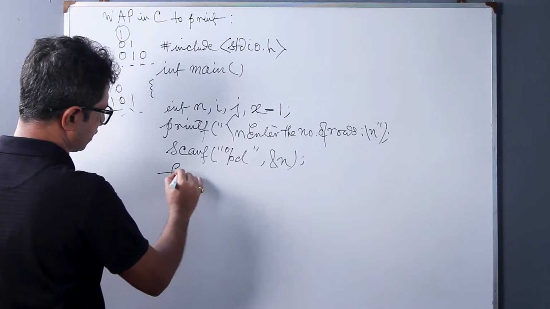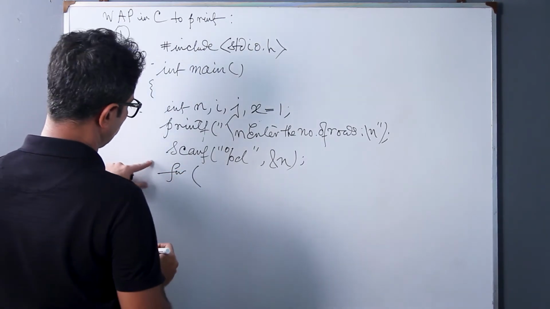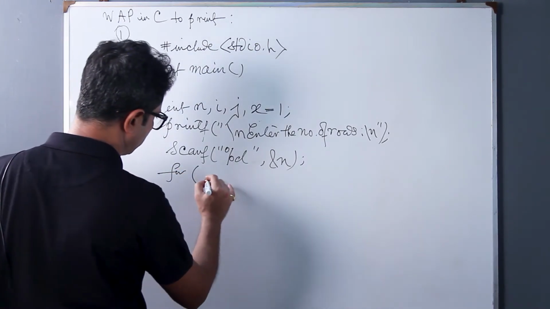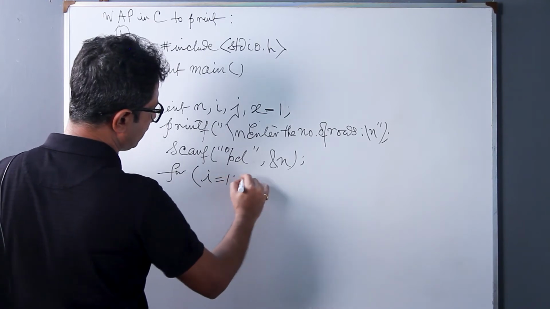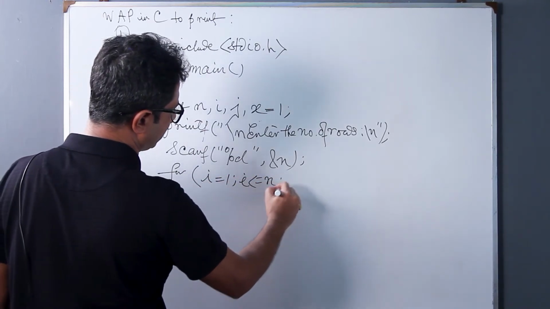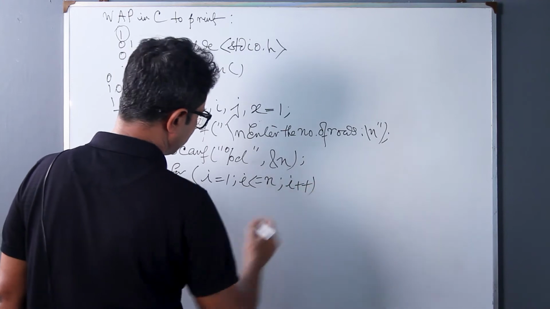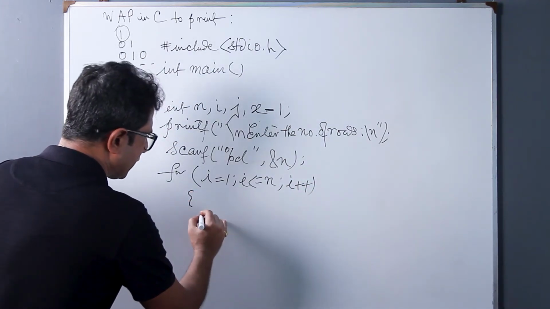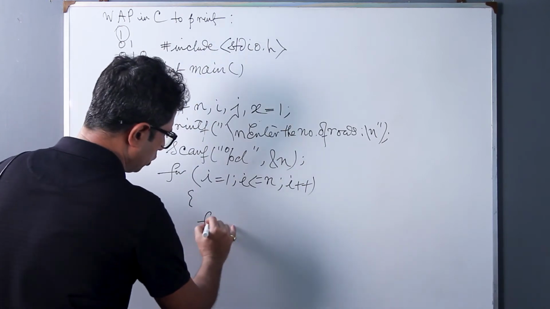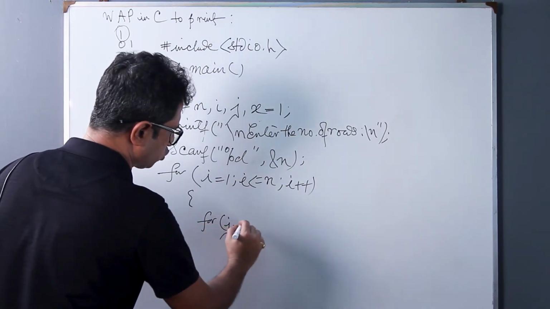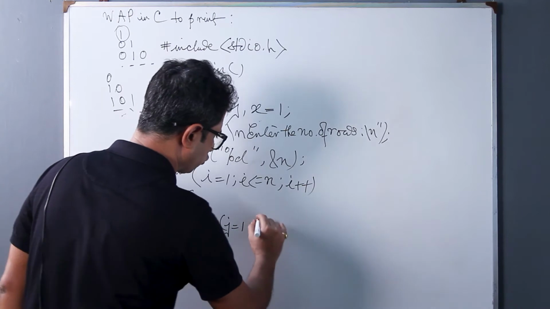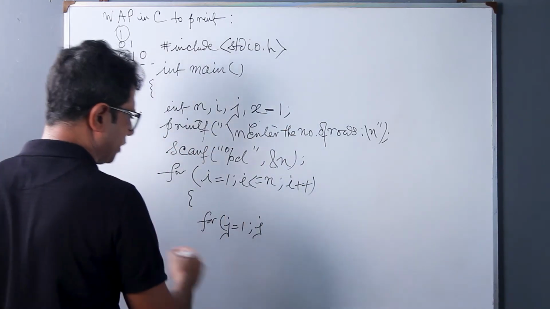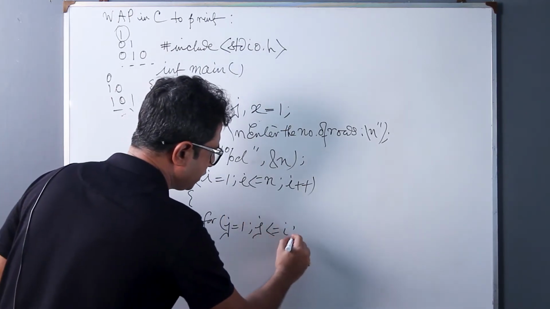Then comes the logical portion of the program, where the for loop construct starts. For i equal to 1, i less than or equal to n, in the usual manner, nothing to explain here. Then we enter the inner loop, for j equal to 1. As you know, j will be controlled by the outer loop variable i, j less than or equal to i.